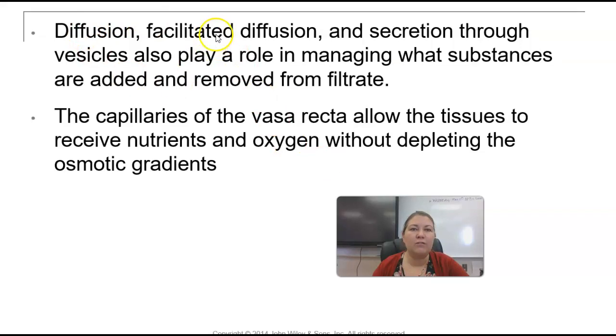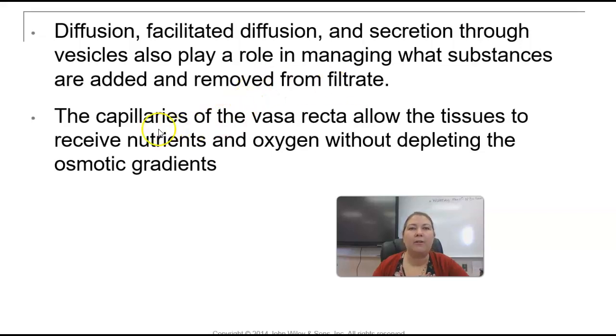So diffusion, facilitated diffusion, and osmosis, of course, are all passively going to play a role in managing what substances are added and which ones are removed from the filtrate. And remember that filtrate, whatever remains in it, will be excreted down through the ureters, the bladder, and eventually the urethra.